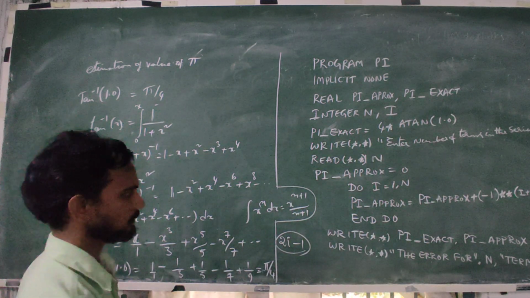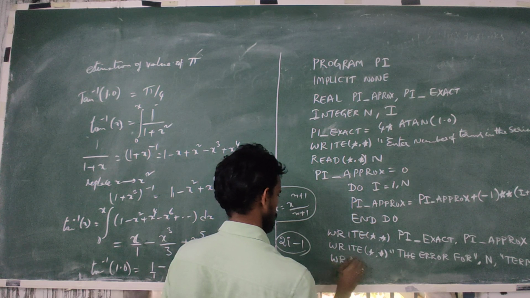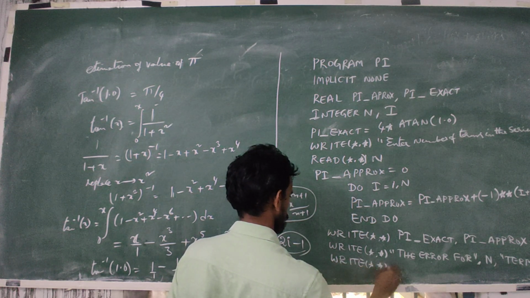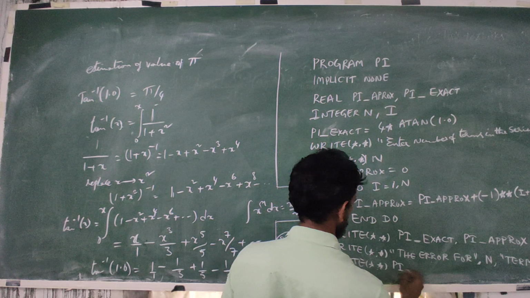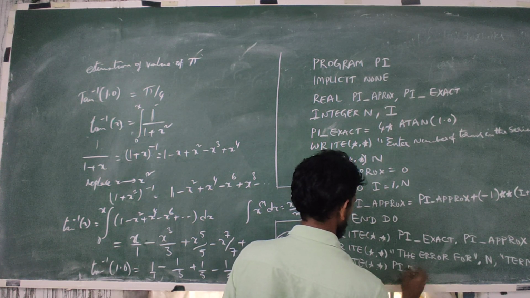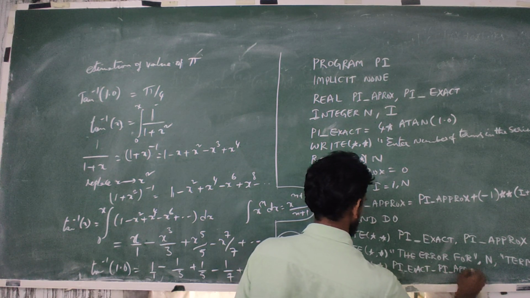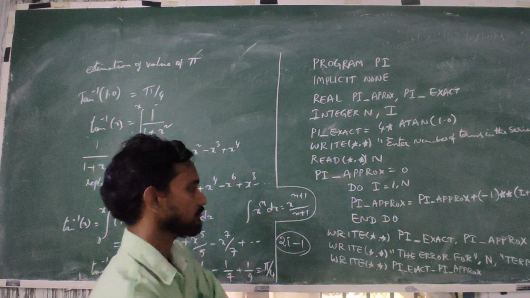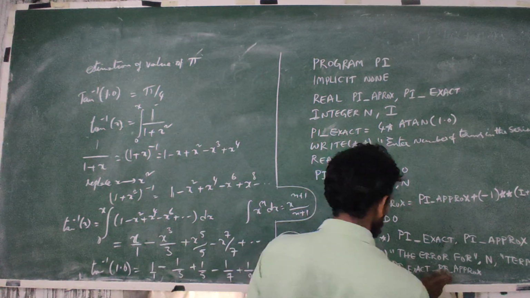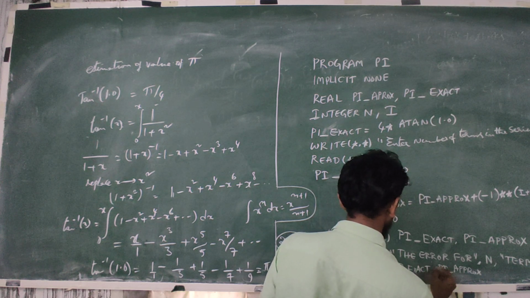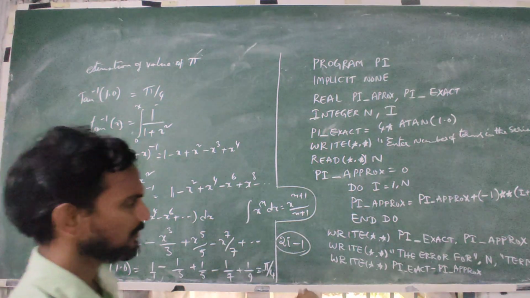Error for n terms is pi exact minus pi approx. Write all the three.